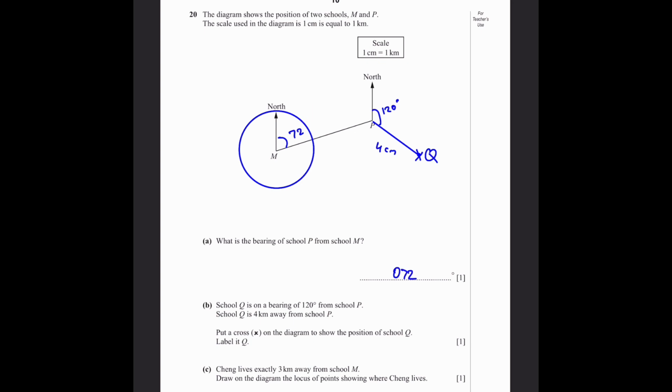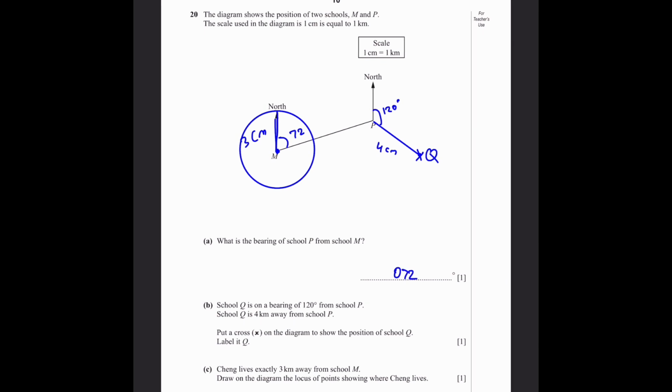So this is how the circle would look with center M and radius 3 centimeters. This is not an exact value, so you should measure it and draw an accurate circle using compasses. But over here I don't have a compass in this app, so I've done it roughly. And that's the end of question 20.